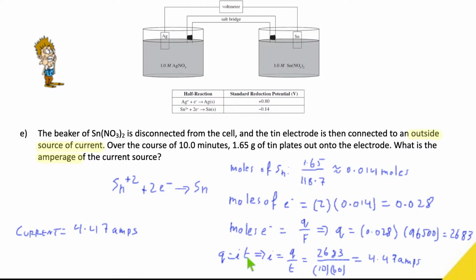Now I can run this backwards as well. Sometimes it will tell me the current and the time, so I need to find the number of coulombs, and then from the number of coulombs I can use Faraday to find moles of electrons, and from moles of electrons I can figure out whatever else I need. So once you go through these 3 steps, it doesn't matter how they twist and turn the problem, you can always get it right.